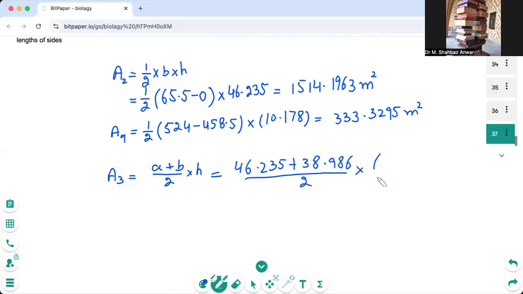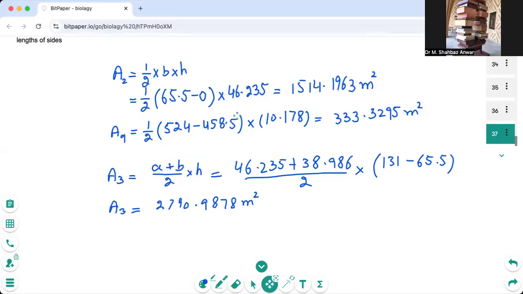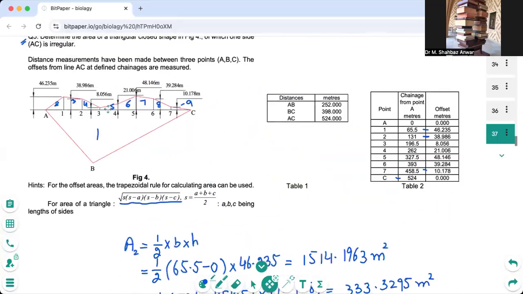Now we need to multiply by H, whose value is 131 minus 65.5. So for this answer, A3, you can put these values in your calculator. The answer is 2790.9878 meter square.